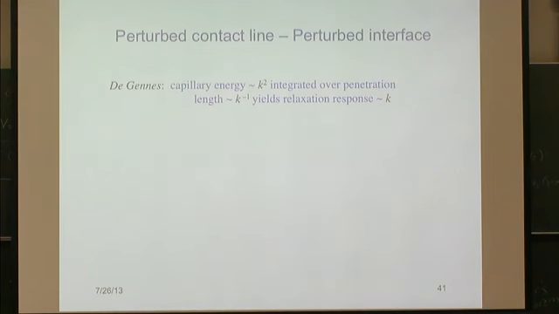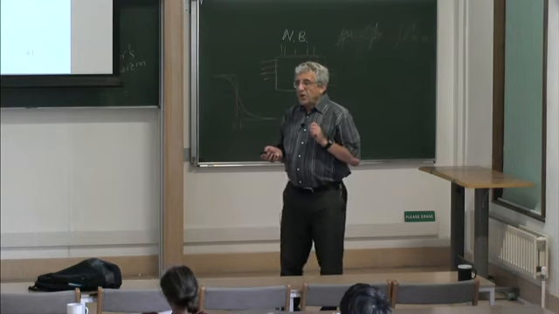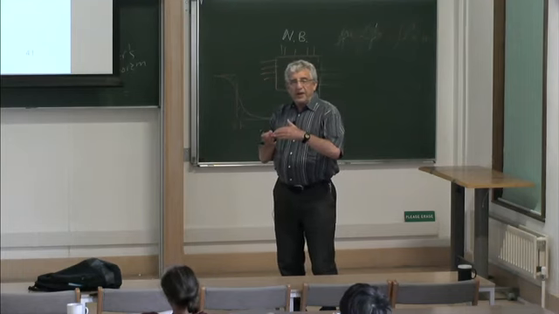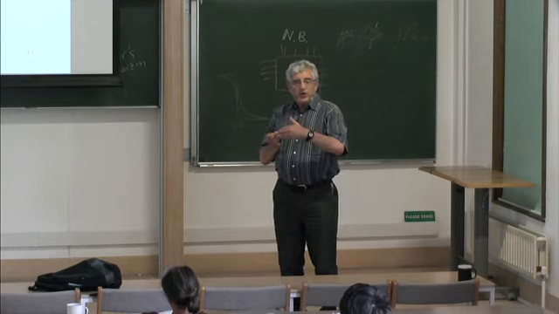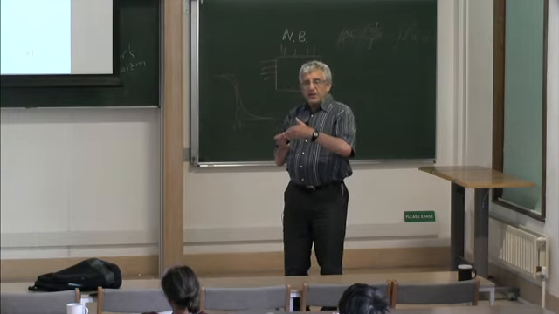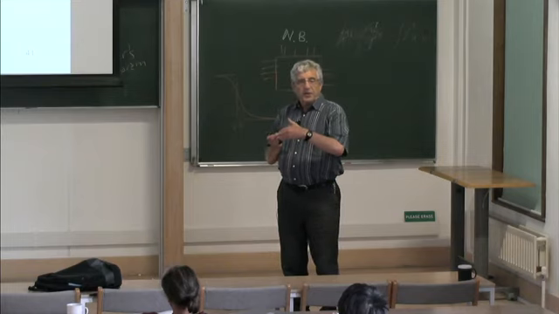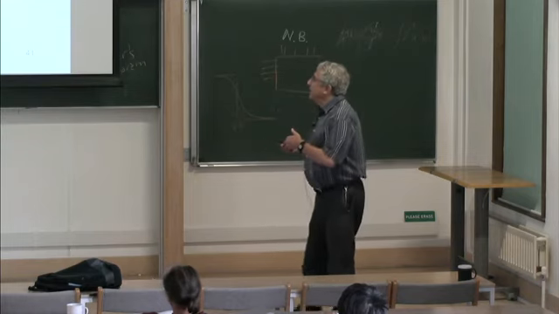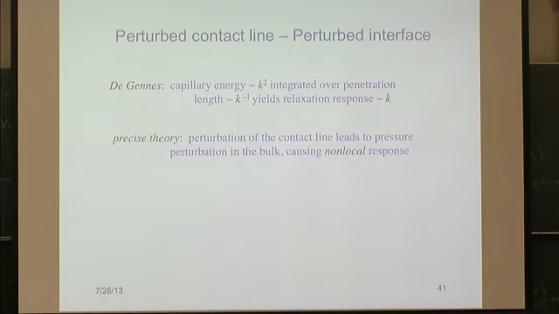And this will give a relaxation response proportional to k. By the way, this is an unusual response, because if a contact line was a really two-dimensional feature, then the response would go as k squared, and here it is like k.